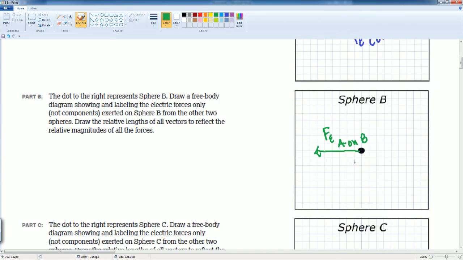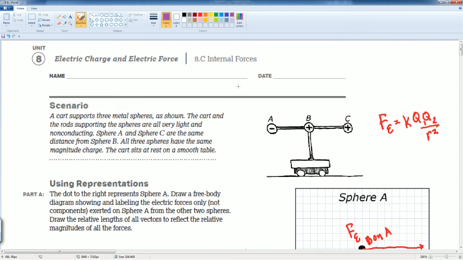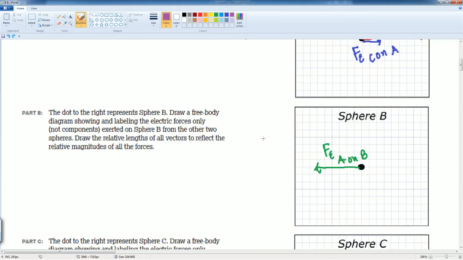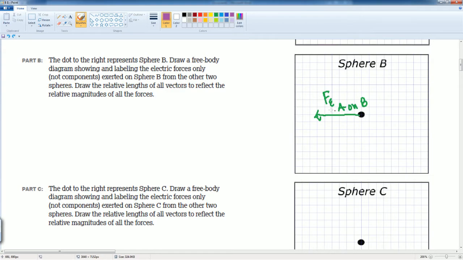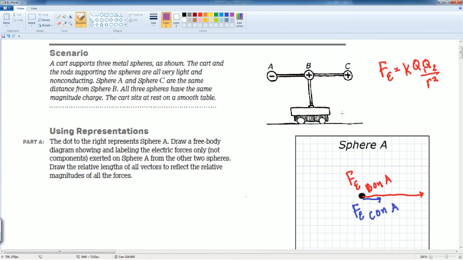Then the next part, we saw that due to C, B is going to be pushed away because these are going to be repelling from each other. So there's going to be another force here, repelling. And this is the force due to the electric field, C on B. Notice that these are going to be the same length because the R value, the distance between them, is the same.